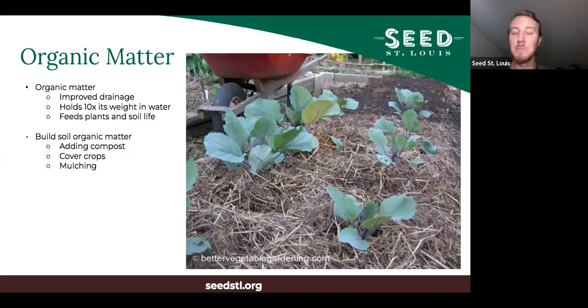It can hold 10 times its weight in water, so it acts like a sponge where the water stays there so the plants have it, but it's not soggy, still allowing oxygen to come through. And it does feed plants and soil life. That organic matter can also serve as food for those bacteria, those fungi, those earthworms, those things like that.